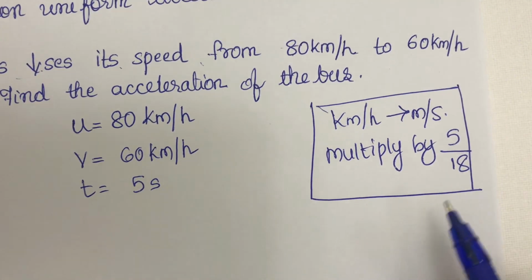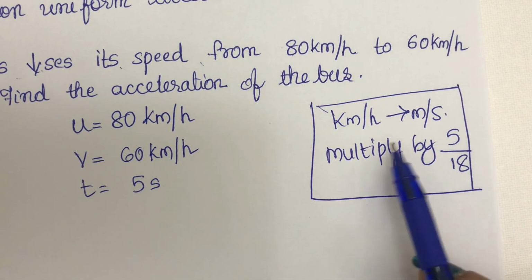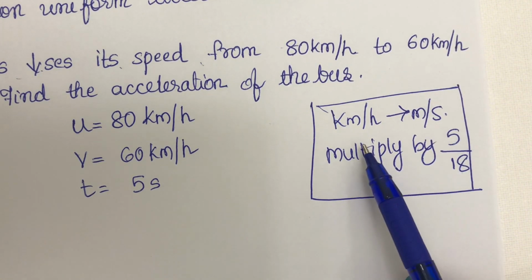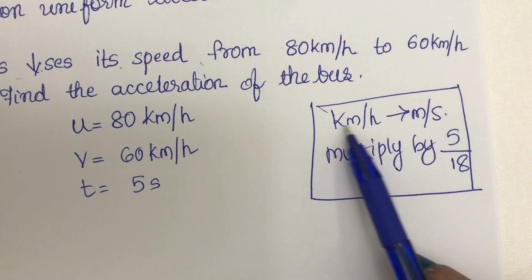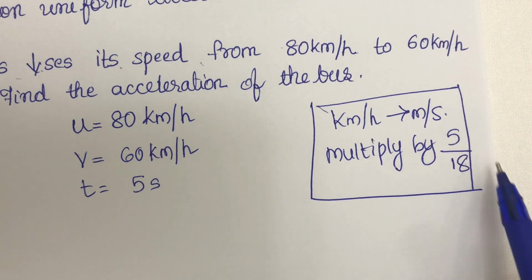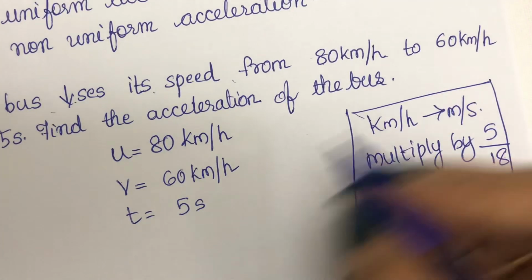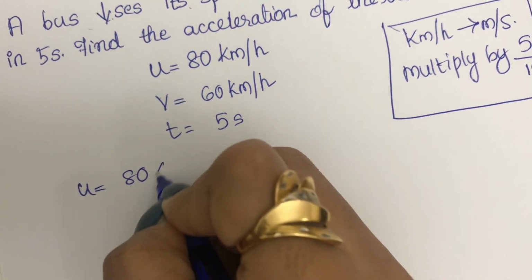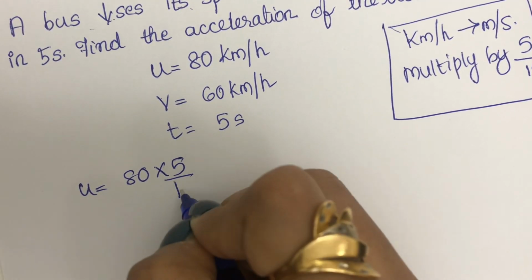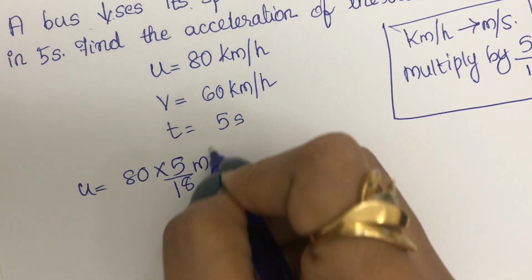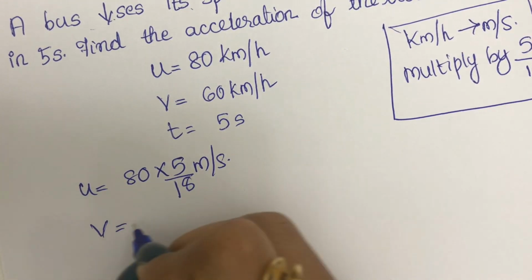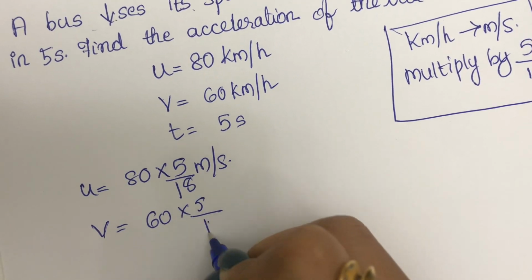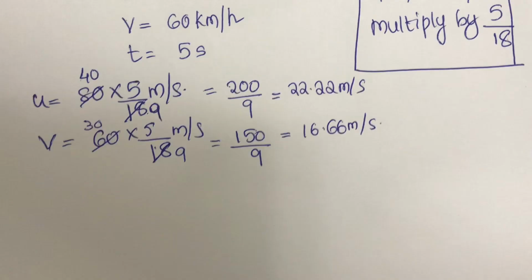You have to keep this in mind, that for converting kilometer per hour to meter per second, we have to multiply kilometer per hour by 5 by 18. So here u is equal to 80 into 5 by 18 meter per second, and v is equal to 60 into 5 by 18 meter per second.